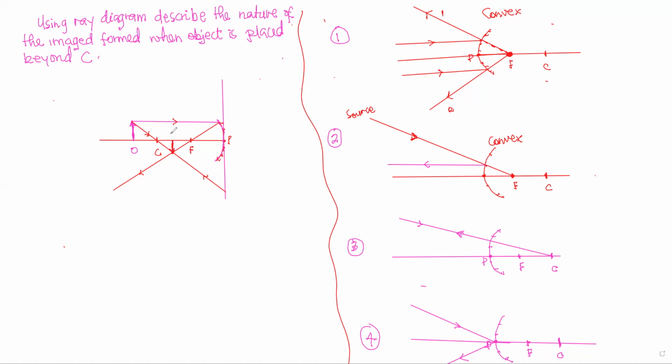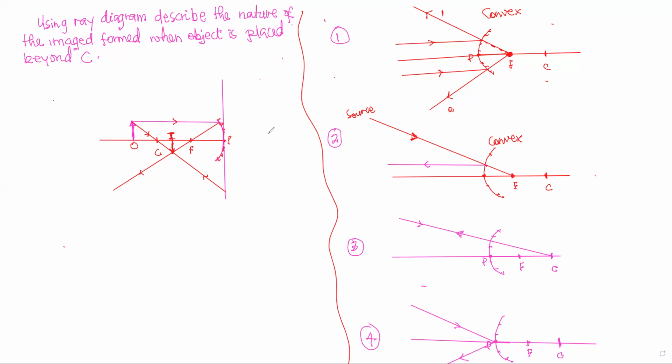So this is I, the image. O, which is the object. Class, do we all understand? Do we all understand? Hey, no response. Are we okay? Yes, sir.